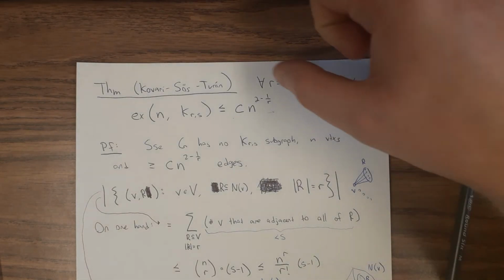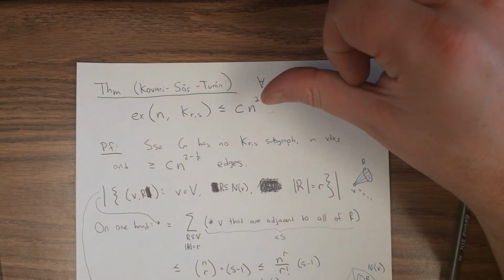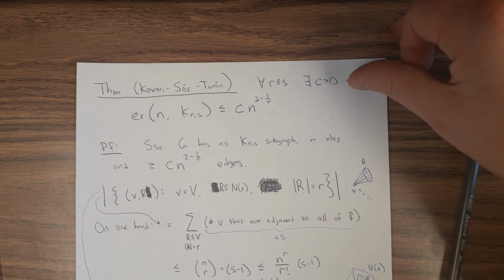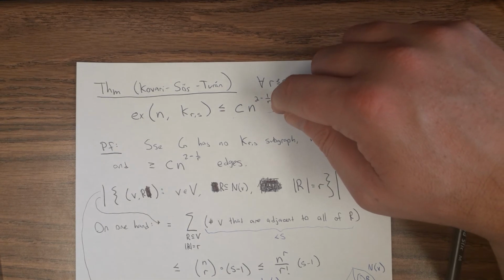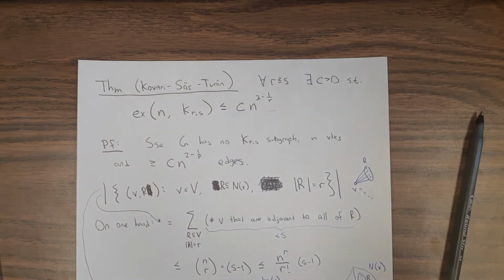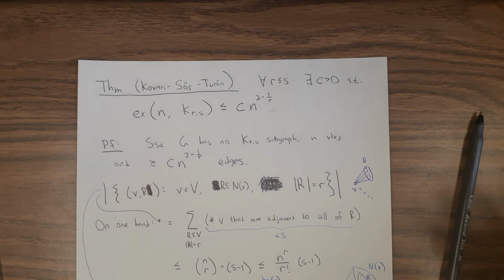If there exists a constant c such that this statement is true for all n that are at least, say, 1 billion, then I can pick a possibly different constant c that works for all n, including the n's smaller than 1 billion.